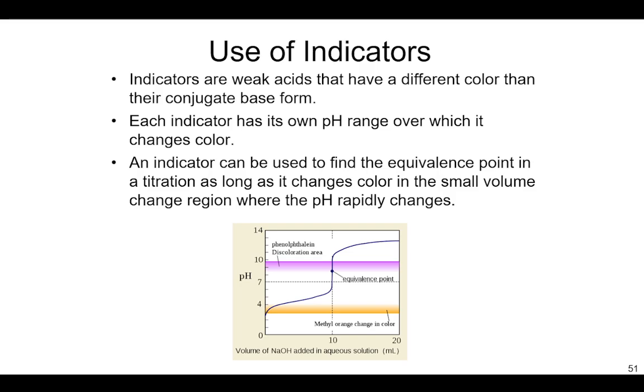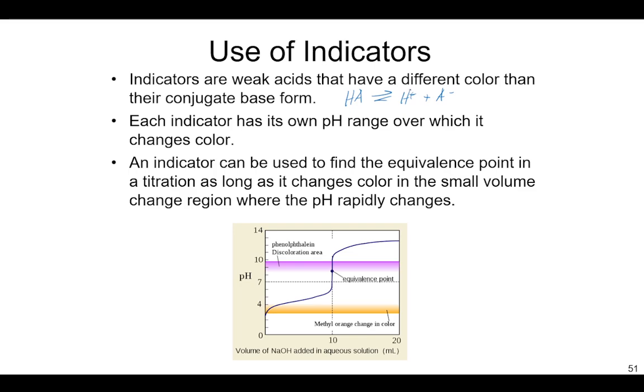Now, two more quick concepts to go over. The first is indicators, and an indicator is a weak acid. So we'll just write HA as our weak acid. This is something whose equilibrium can shift depending on the pH.